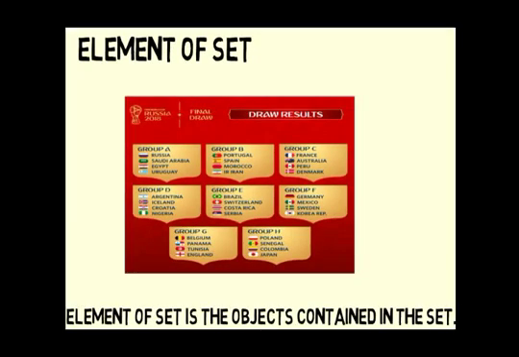Based on the draw result of FIFA World Cup 2018 in Russia, we conclude that Russia is an element in Group A, Argentina is an element in Group D, Australia is an element in Group C, but England is not an element in Group A, Colombia is not an element in Group B, and Korea Republic is not an element in Group D.